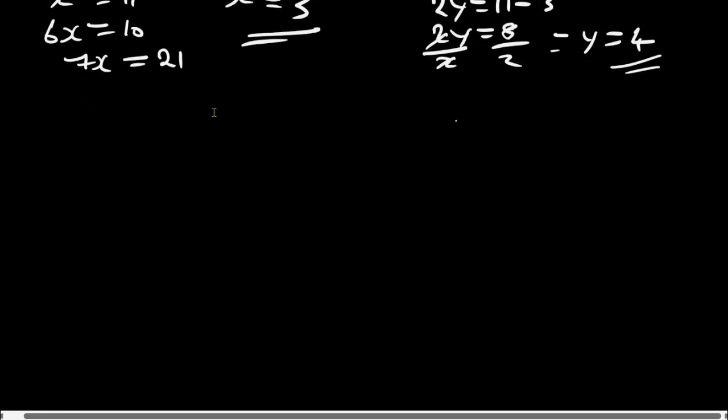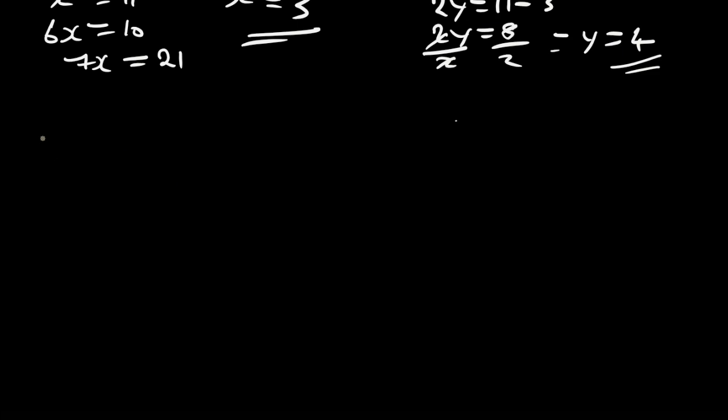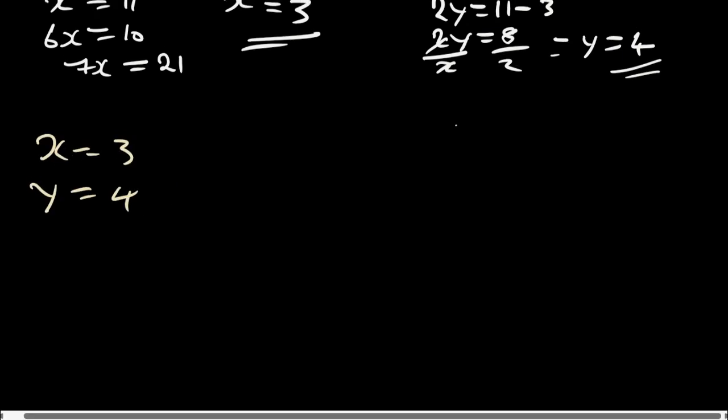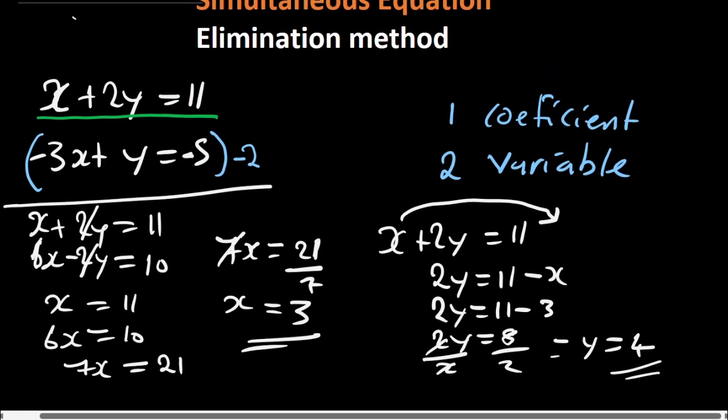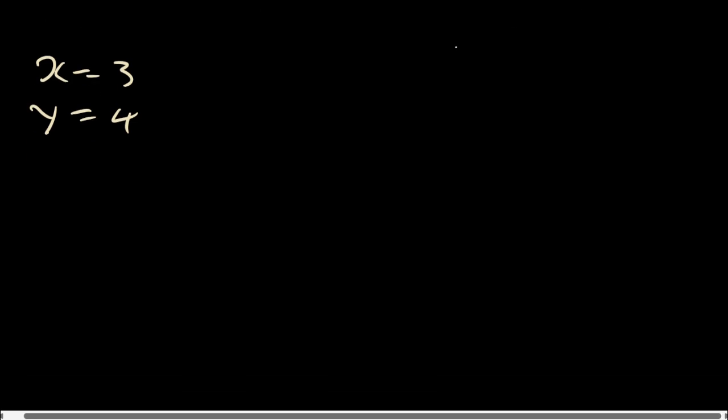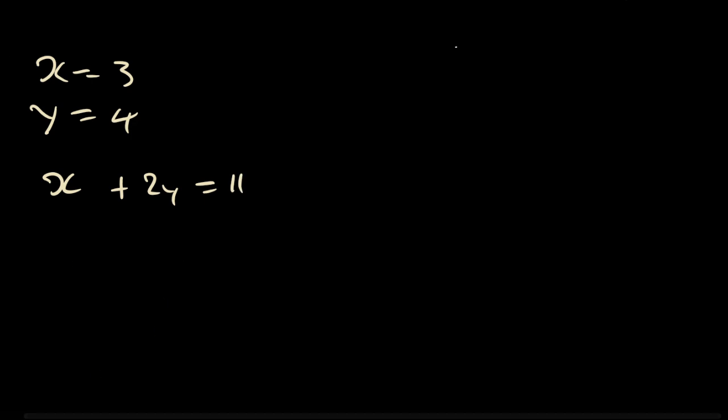Our answers: we found x is equals to 3 and y is equals to 4. So I'm going to use the first equation to prove these findings. So x plus 2y is equals to 11.